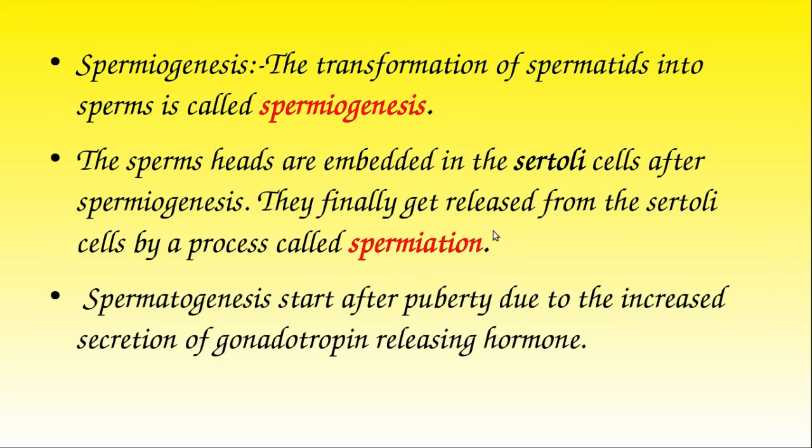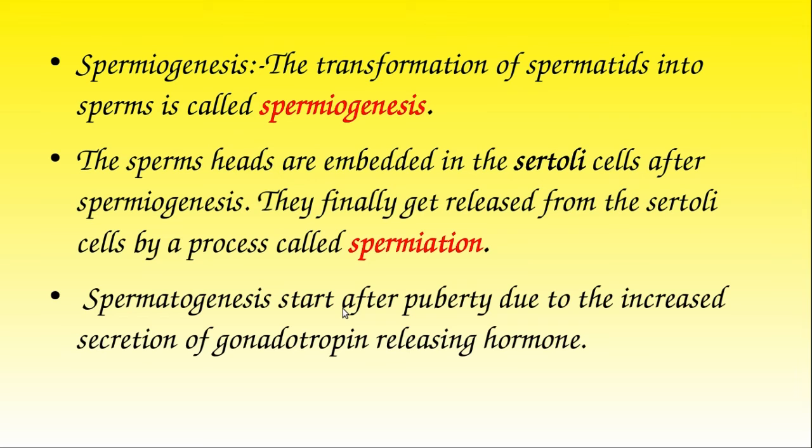Now you need to keep one thing in mind, that spermatogenesis starts only after puberty. In human males, spermatogenesis starts after puberty due to the increased secretion of gonadotropin releasing hormones.